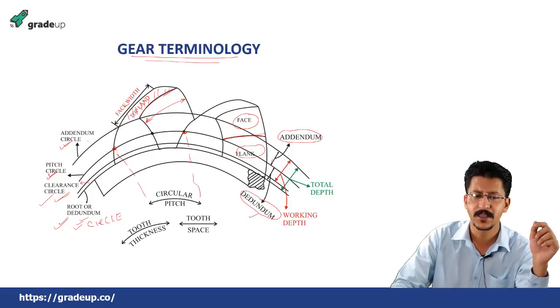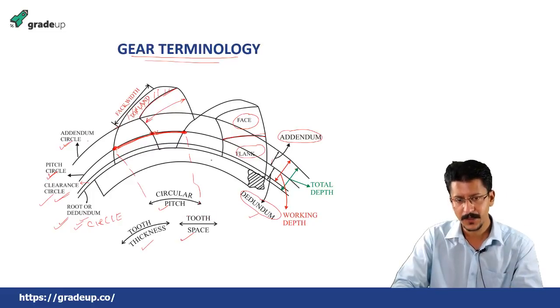Then the tooth thickness, that is, this distance is tooth thickness, and the space between the teeth is known as tooth space. So circular pitch can also be written as tooth thickness plus tooth space. Okay, this is the basic gear terminology.